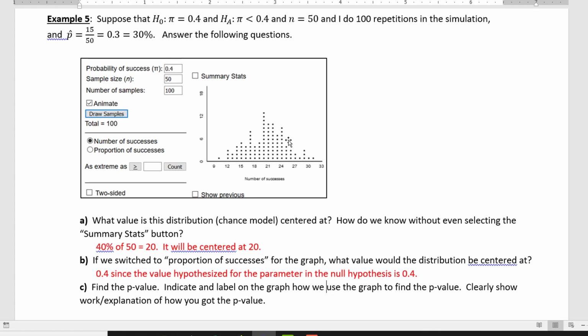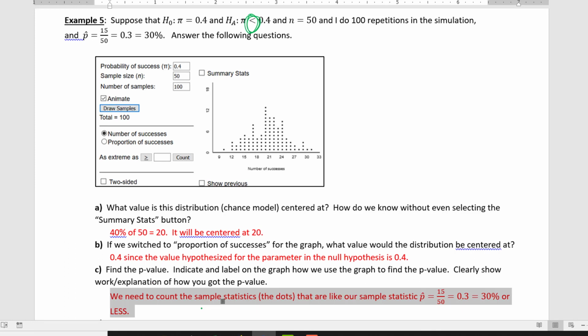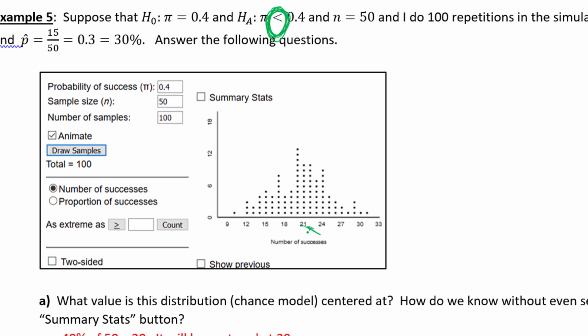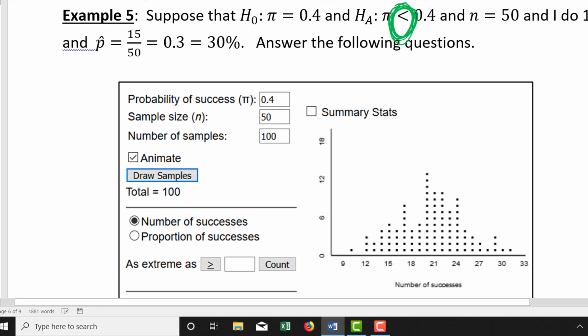So, in this situation, our alternative hypothesis is pi is less than 0.4. We need to count sample statistics, the dots in the distribution, that are like our sample statistic or less. Because the alternative hypothesis says pi is less than 0.4, we will count sample statistics that are like ours or less.